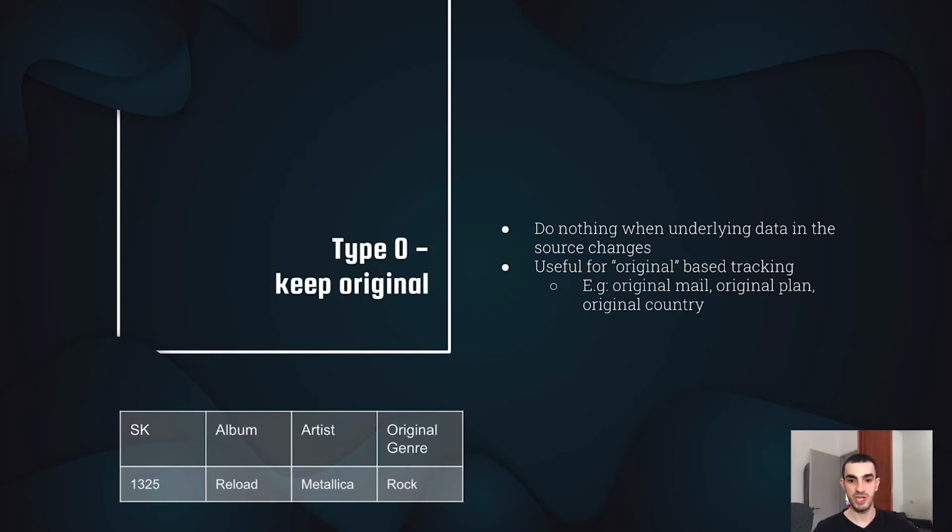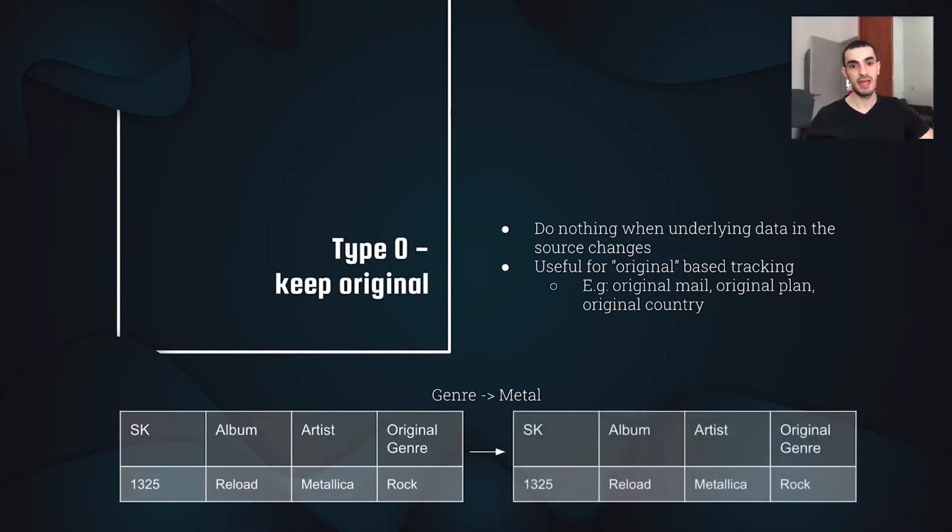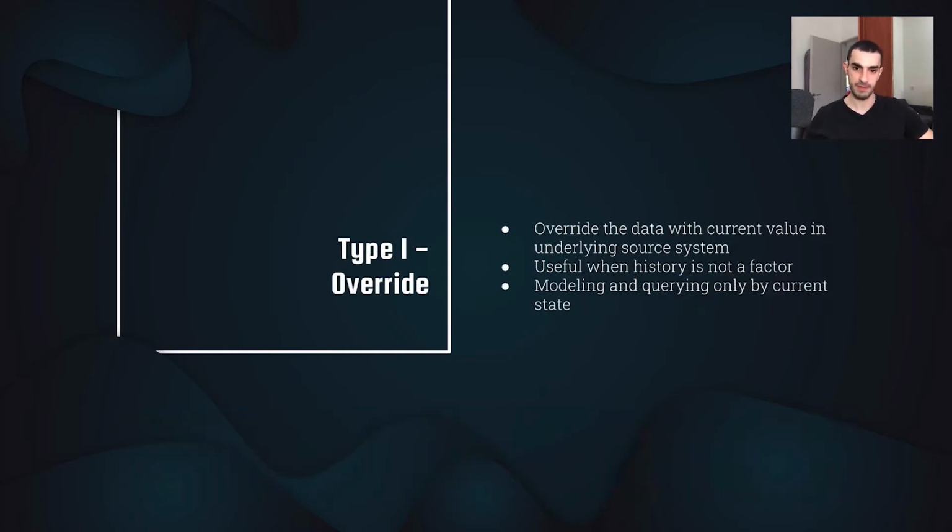And let's say the genre is now changed in the operational database from rock, in this case, to metal. So in type 0, we will not reflect it in our data warehouse. We'll keep the rock. And just to make it clear, we will probably want to mark the column in the data warehouse as original genre, in the column name or something like that.